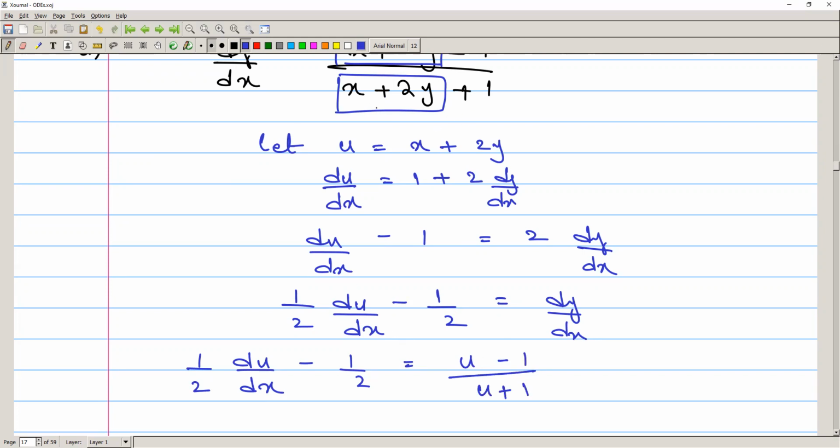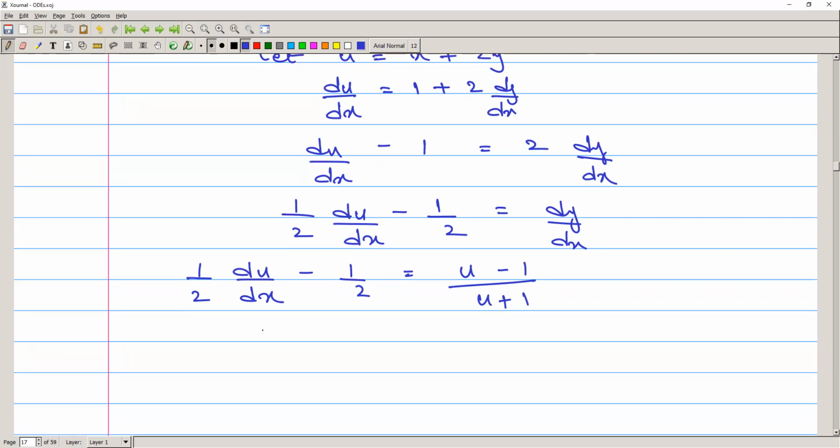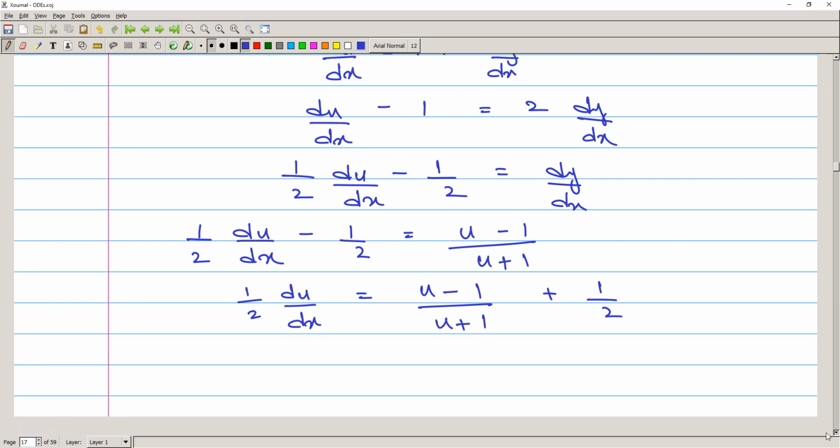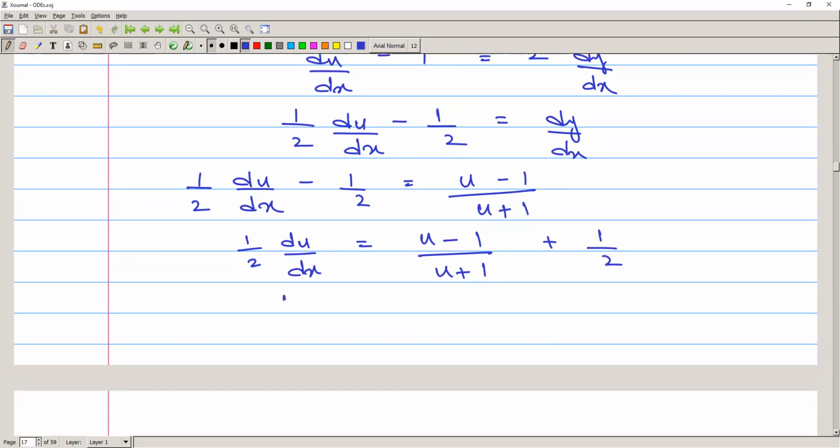Because x plus 2y is equals to u, we can simply substitute like this, and then simplify: du over dx is equals to (u minus 1) over (u plus 1) plus half, and then multiplying, du over dx is equals to 2 times (u minus 1) over (u plus 1) plus 1.